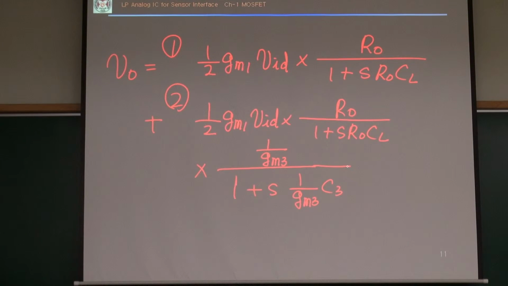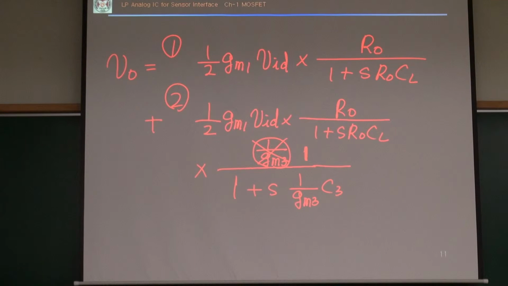Okay, this is the effect of a pole. I need to add them together. Let's see. There is something wrong here, right? Oh, sorry, this should be 1. The numerator must be 1. Okay?